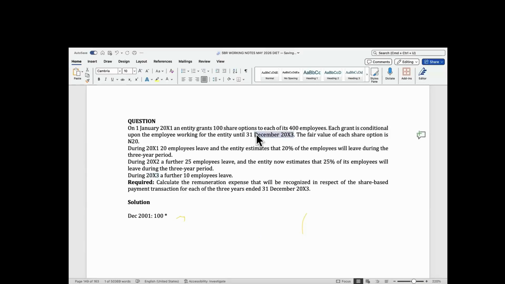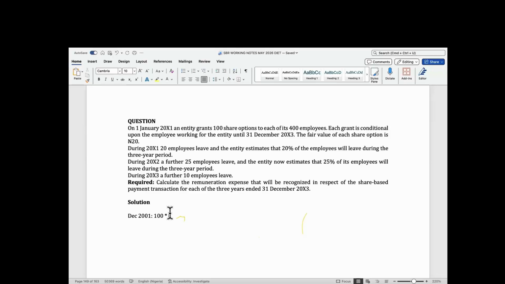Of course, it's not possible for us to know that with certainty. We are not God, so we can only estimate. So what's the estimate of employees that will remain in this company? Who can tell me?